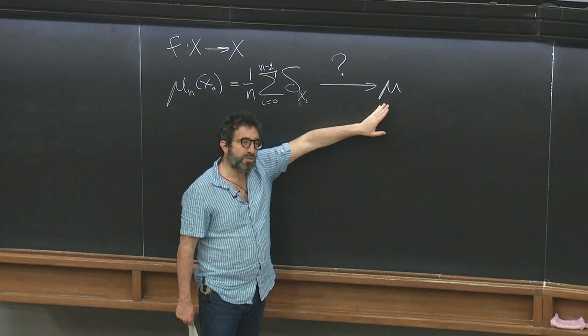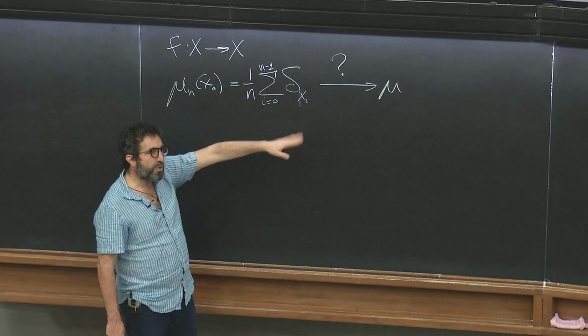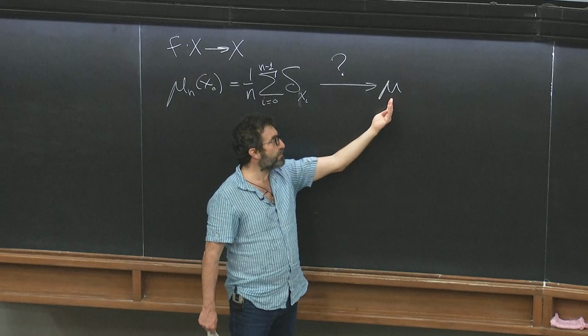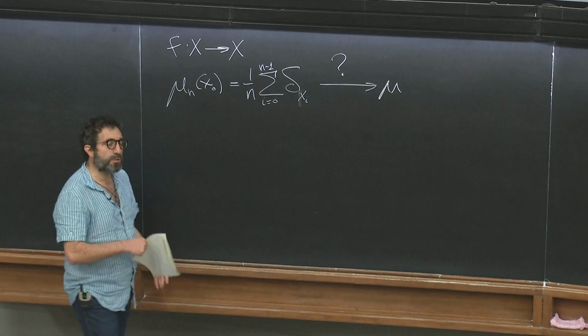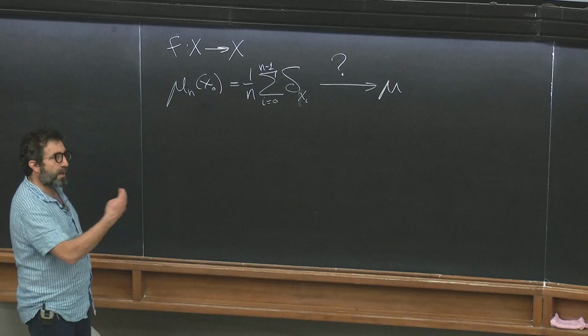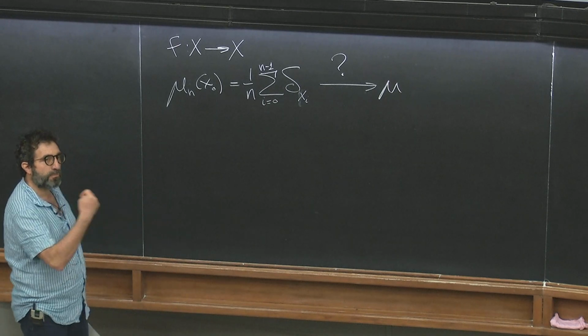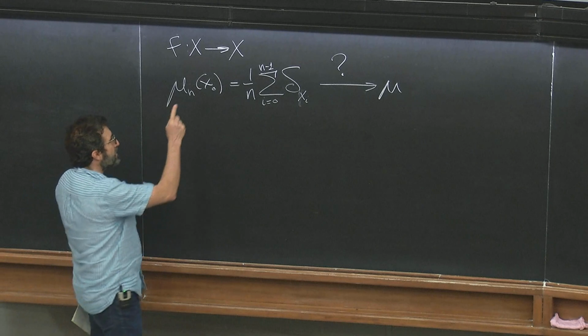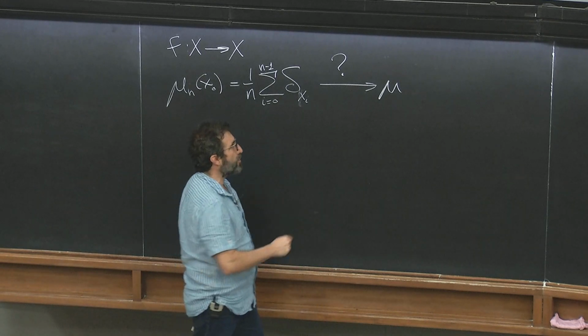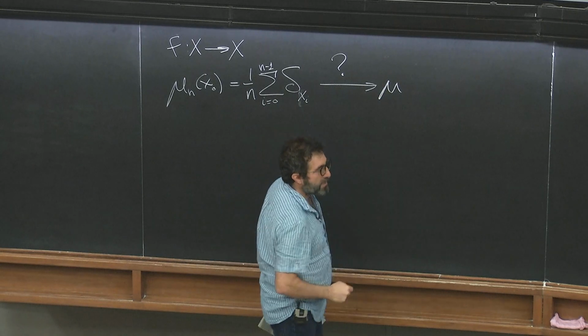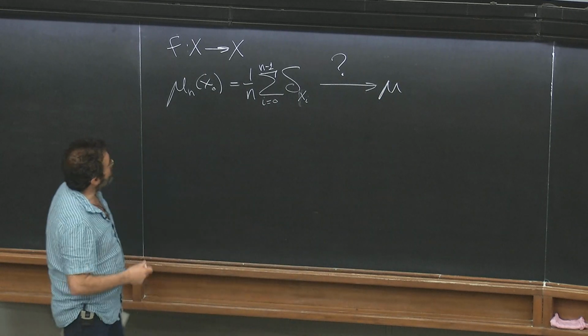In some sense, we're going to ask which kind of measures mu can be the limit of some sequence. We're going to approach the problem from the opposite direction. Rather than starting with an initial condition and asking whether it converges, we're going to look at which kind of measures this can converge to.